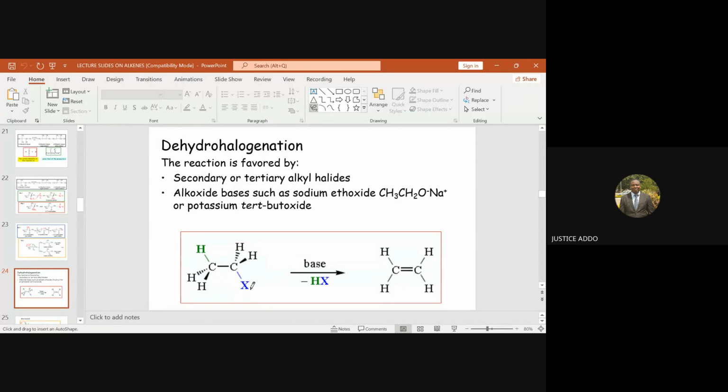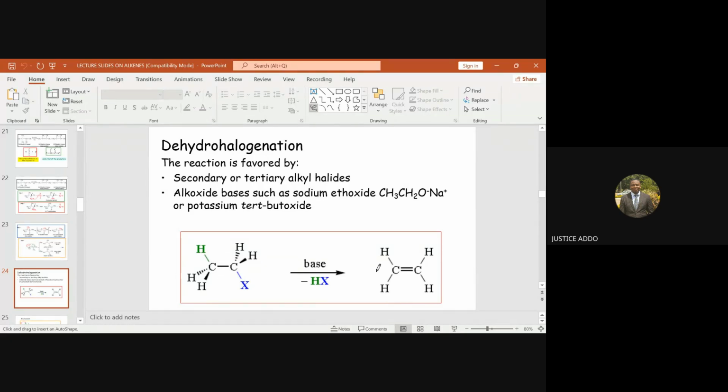It could be chlorine, bromine, fluorine. So the carbon that the halogen is attached to is being removed with what? A hydrogen on an adjacent carbon. So you take away X and you come and remove one of the hydrogens here. Then between the two carbons, you introduce your double bond. And you form your alkene.